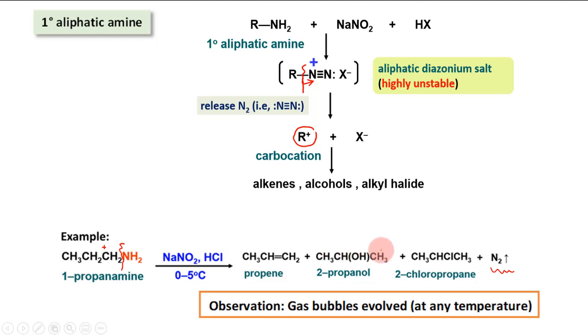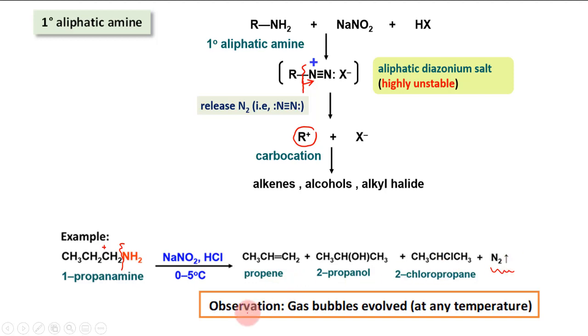Similarly for this haloalkane, after rearrangement, the Cl will attack at the more stable secondary carbocation to form this haloalkane. But anyway, for this primary aliphatic amine, we are going to generate 1, 2, 3, 4 products altogether.